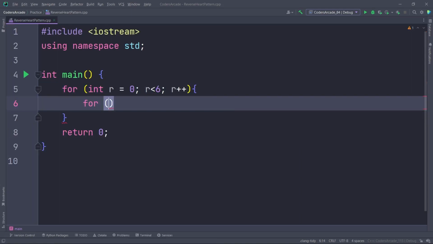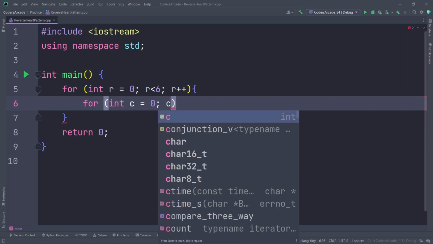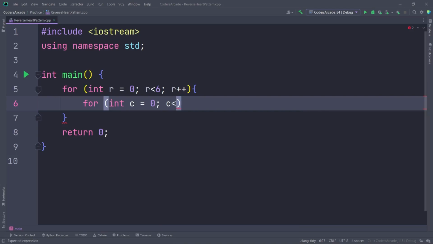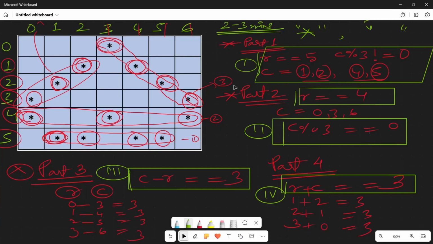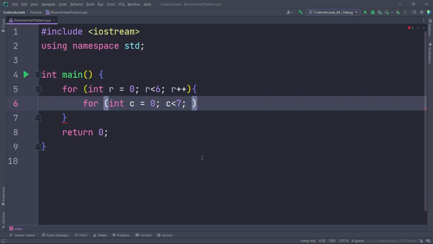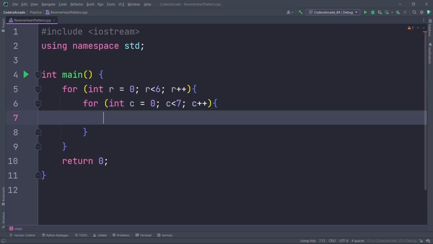For int c equal to 0, c less than 7, that means 0 to 6. You remember we had 7 columns, right? And c plus plus.